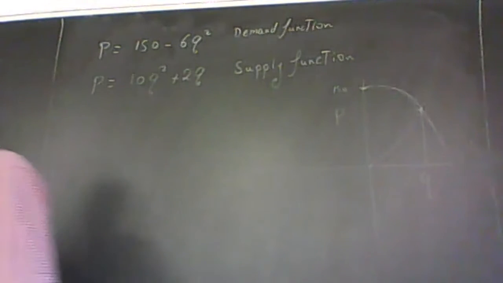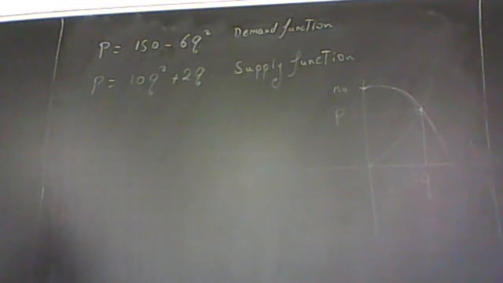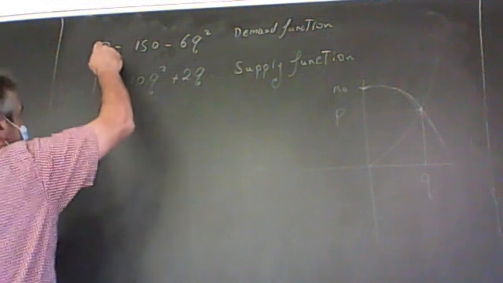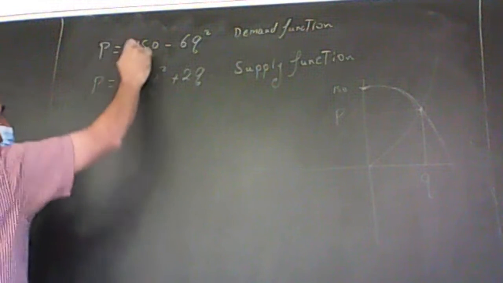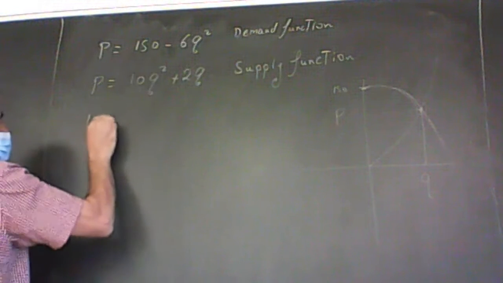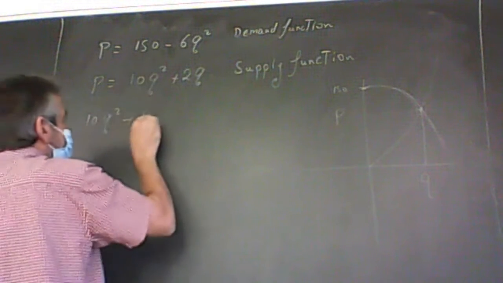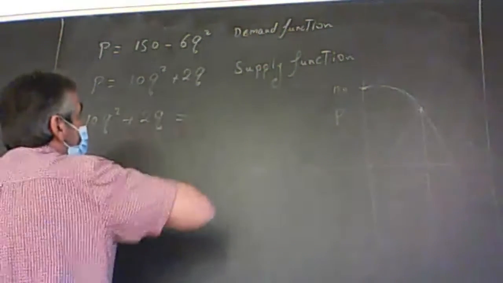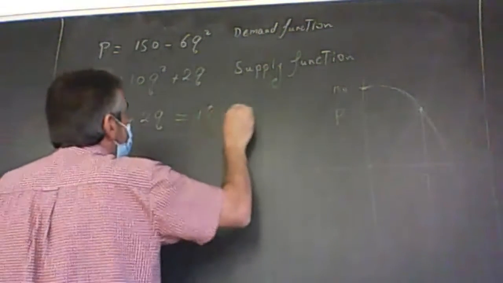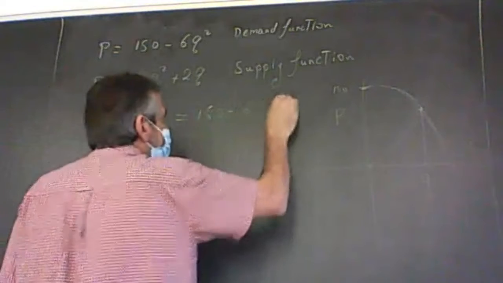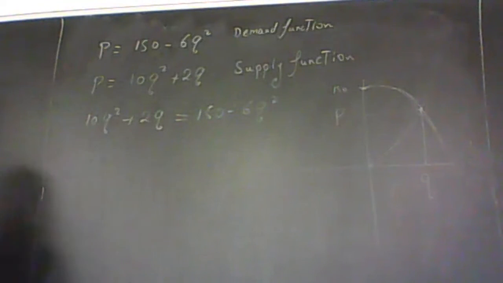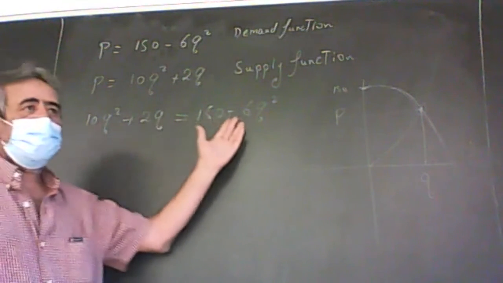So to figure out what this point is, you can take the price of each one and set them equal to each other. So 10q squared plus 2q equals 150 minus 6q squared. So far, so good? Again, this is a quadratic equation.